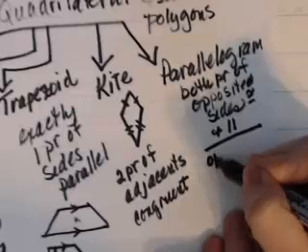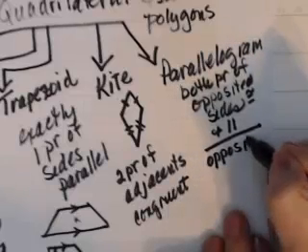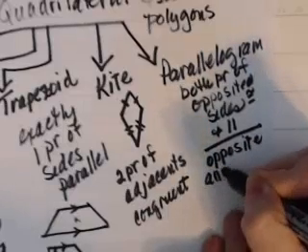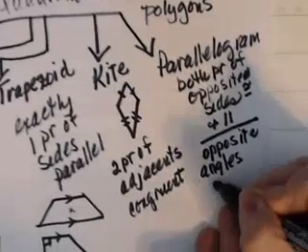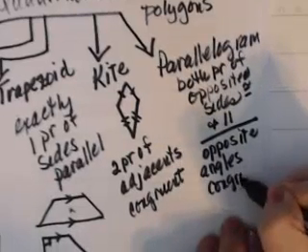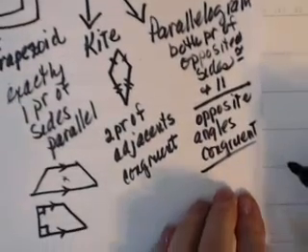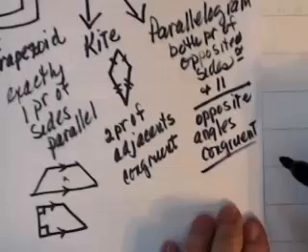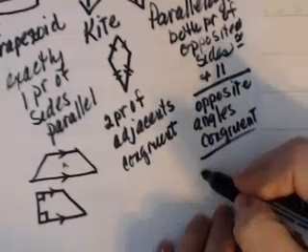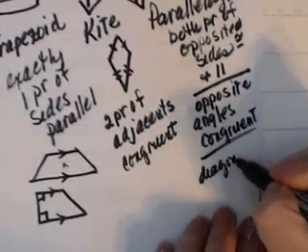It has opposite angles congruent. Its diagonals bisect each other.